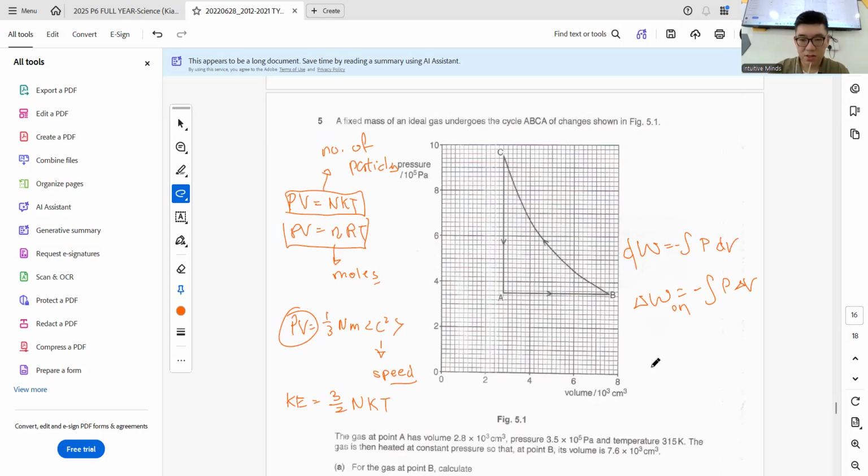Thermal energy equals to heat supplied to gas plus work done. And the internal energy is what? Is that direction? Increase. Increase in internal energy. There must be a direction for each of them.